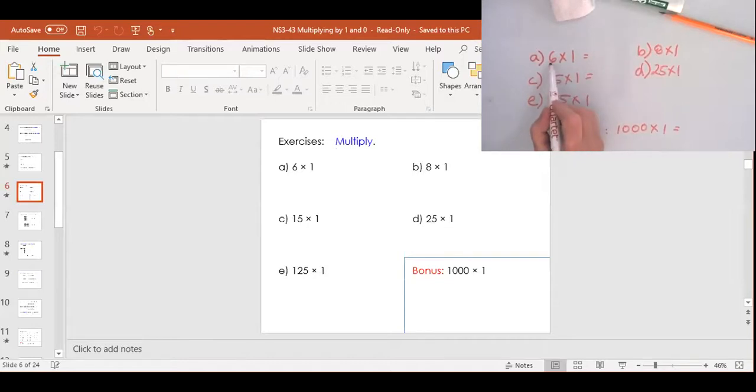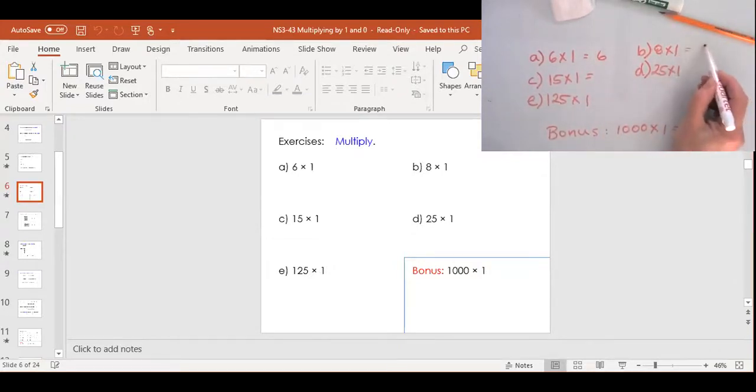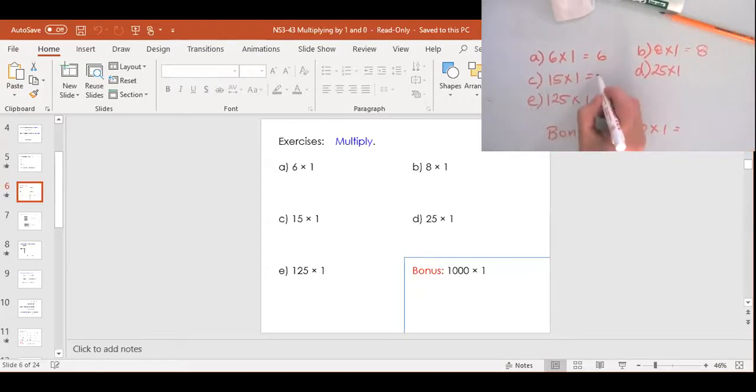Okay, let's go. 6 groups of 1 is 6. 8 groups of 1 is 8. 15 groups of 1 is 15. 25 groups of 1 is 25. 125 groups of 1 is 125.